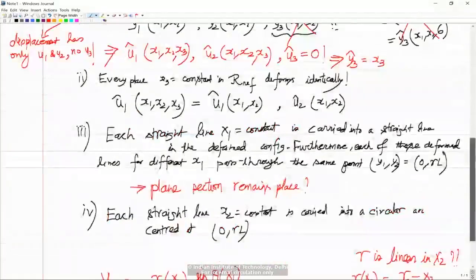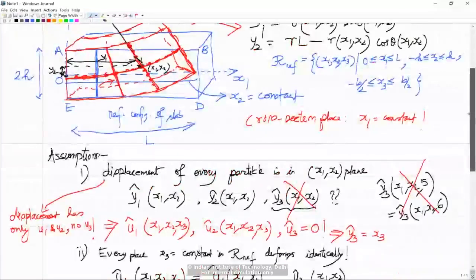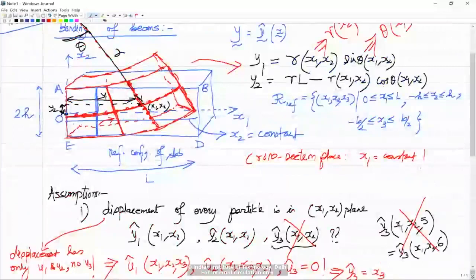You remember that as you go above the neutral plane by x2, the radius is also just decreasing by the same amount, isn't it? So there is a neutral plane here, and I'm not going to get into that. But as you go above by x2, for the other plane that you see, the radius is simply r0 minus x2. But you see, that was just an assumption.